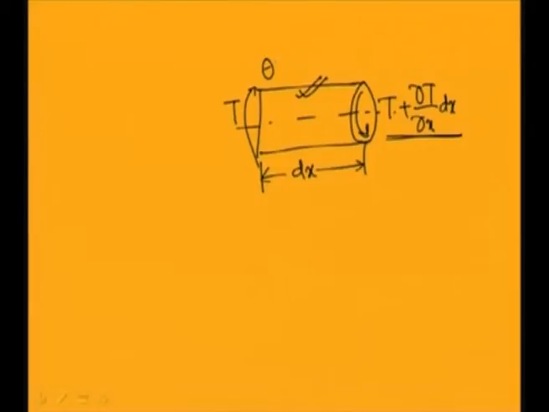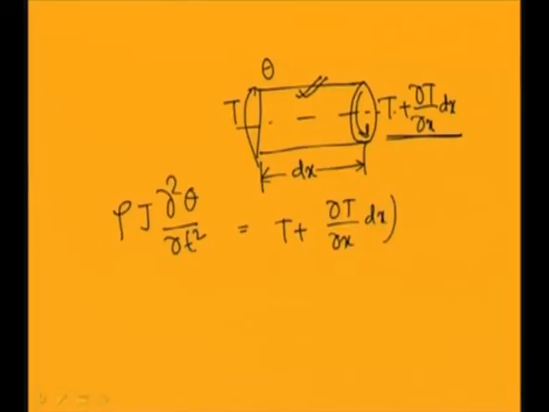So, I can write this as rho into J into del square theta by del t square. This is the inertia torque. It will be equal to the torque on the right side, T plus del T by del x into dx, minus the torque on the left side, T. So, this becomes del T by del x into dx.